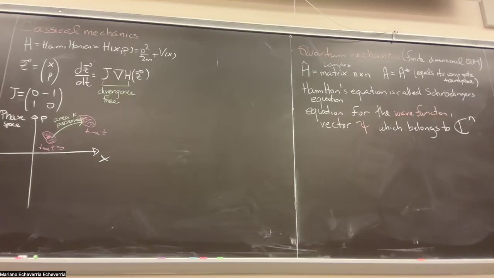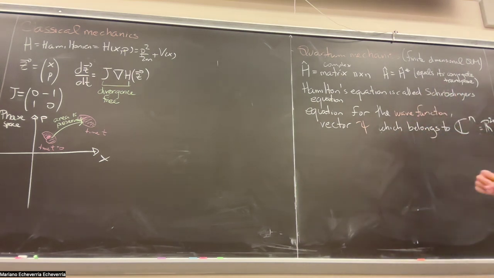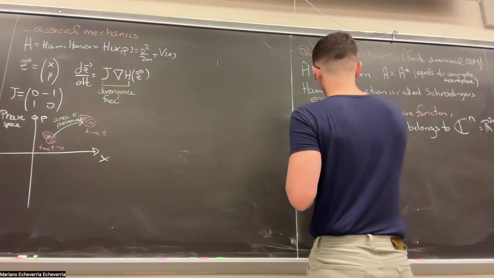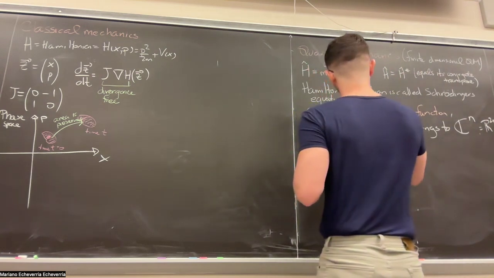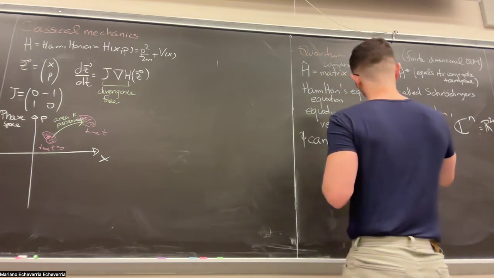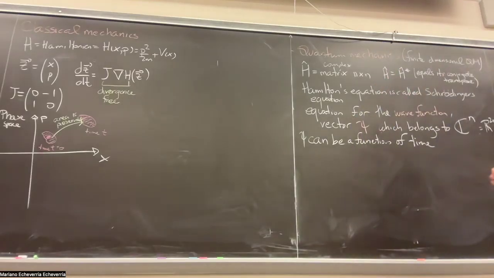Or if you want, you can think of this as R to the 2n, but it's actually better to think about it as C to the n. And this vector is allowed to change over time, so psi can be a function of time.